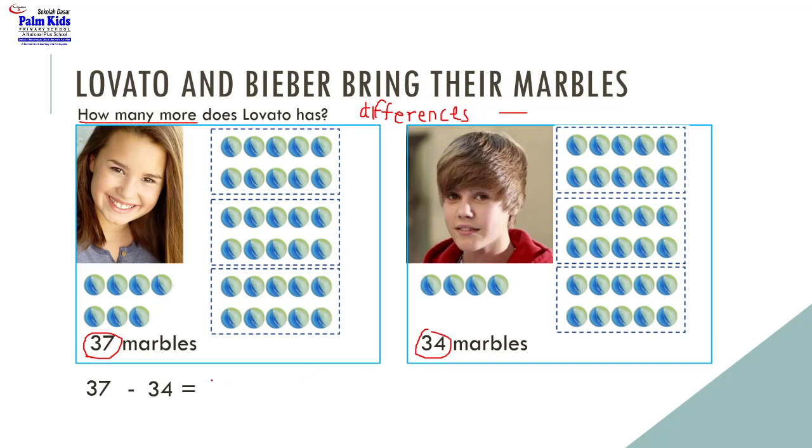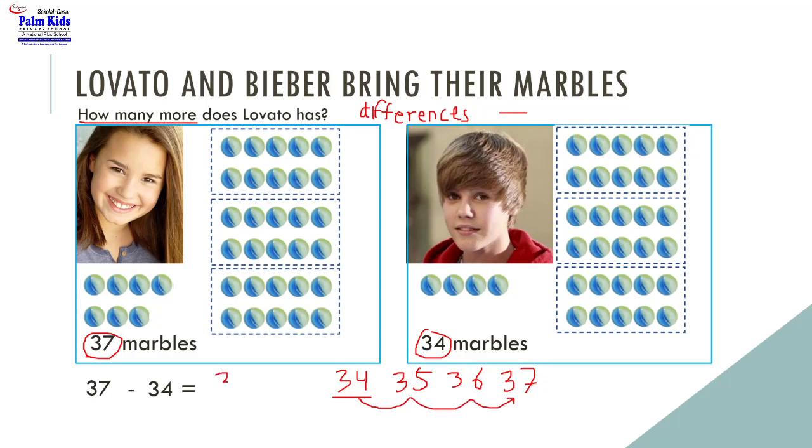If you cannot use your fingers directly, you can write down the numbers. For example, 34, 35, 36, 37. From 34 to 37, how many times? 1, 2, 3 numbers.